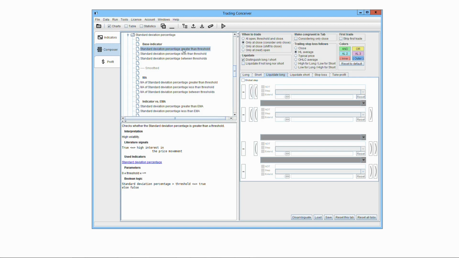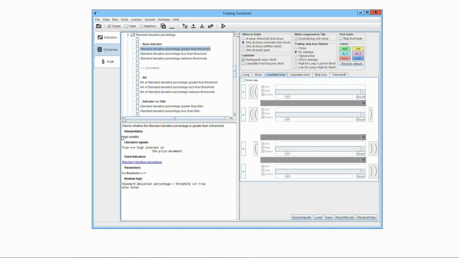Through the greater than threshold algorithms, you can spot periods of high volatility in the market. Just pick up a volatility indicator and check when its value is higher than a threshold. For instance, the standard deviation is one of the most used. In order to make it more consistent throughout price ranges, we can use its percentage version.